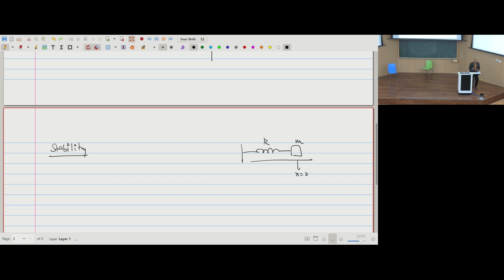So for this, if I was to draw the potential energy function, what will I get? I get a parabola, right? x equal to 0 has the minimum energy, and as you go away from x in the positive or the negative direction, the potential energy increases.